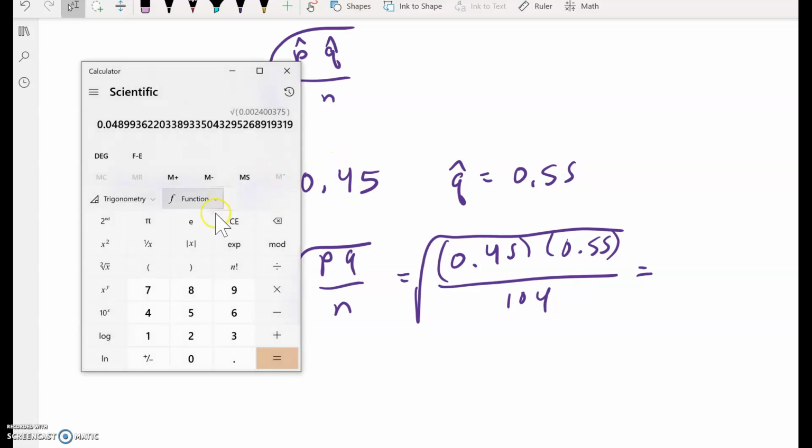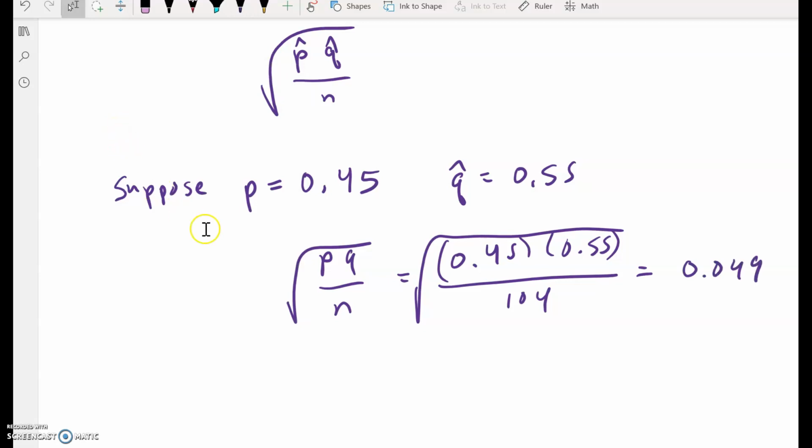So let's do this calculation. Let's see what we get. So 0.45 times 0.55 is 0.2475. Divide by 104. Okay, 0.023, take the square root. Okay, look, it's 0.0487. If you round it to 3 digits, it's the same.